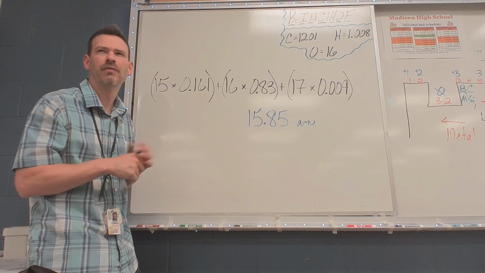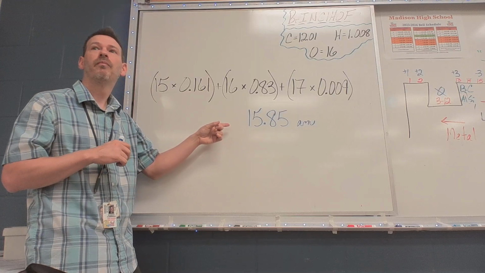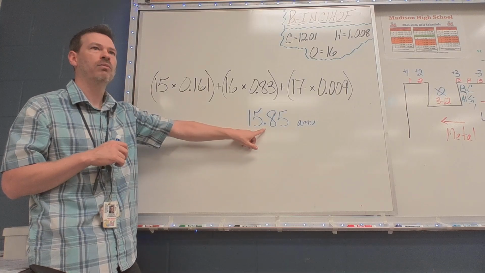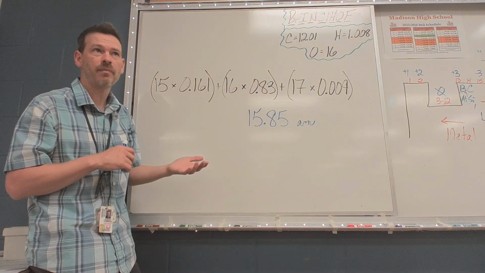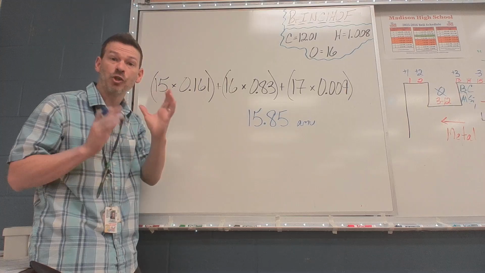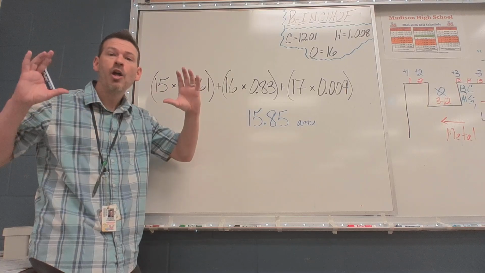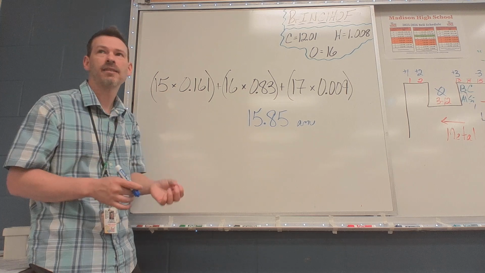It's not a big deal if you can't remember. Are we all right there? Hey, what whole number does this round to? 16. Remember what the most common isotope of oxygen was? 16. So that's what happens, though, right? The weighted average makes the number gravitate towards the most common of the species.